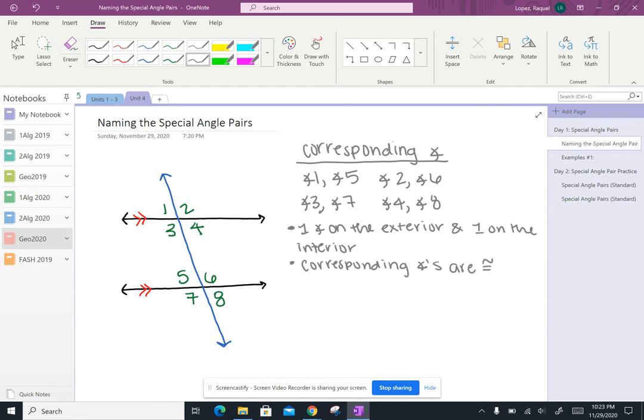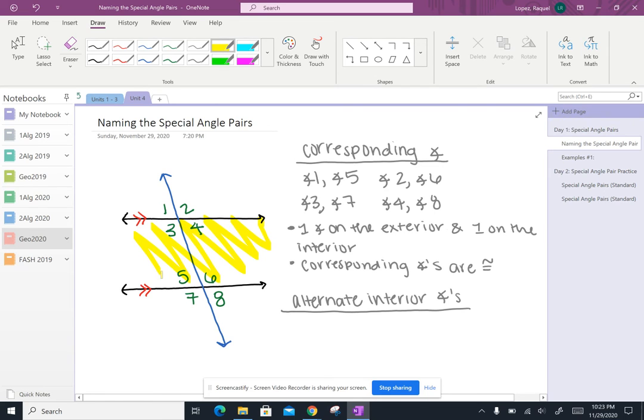Okay, another special pair of angles is known as alternate interior angles. So let's dissect what this means. We know it's going to be on the interior region, so it's going to be in between my parallel lines, in the yellow here.